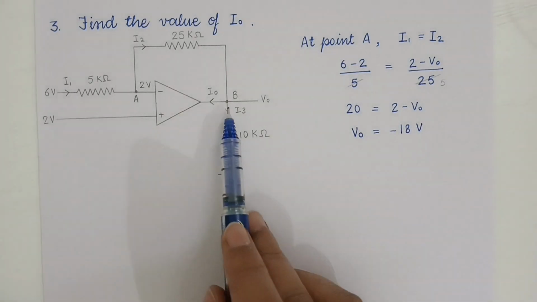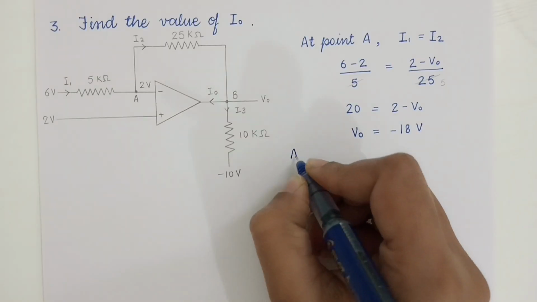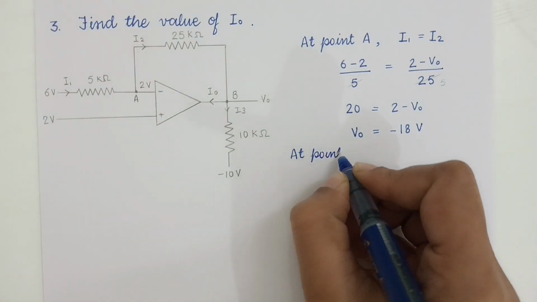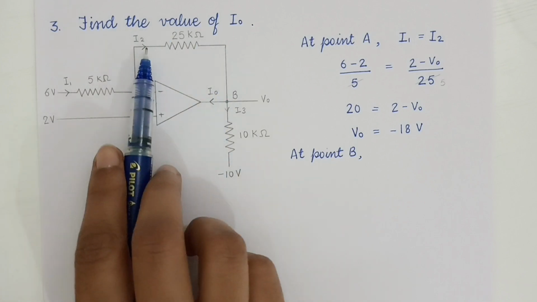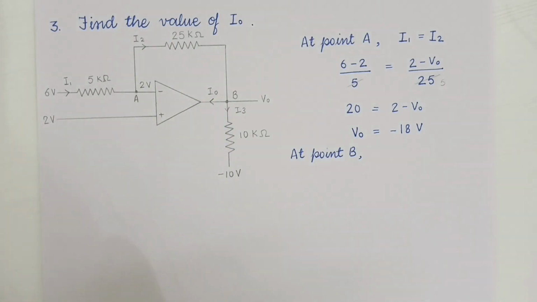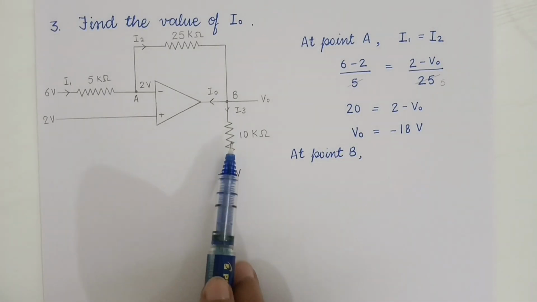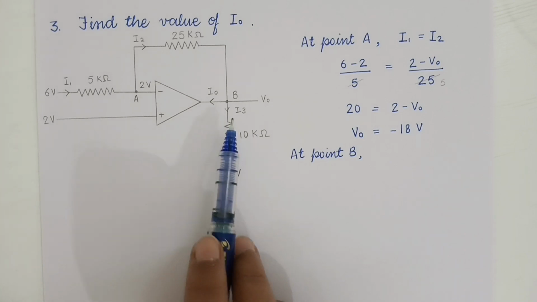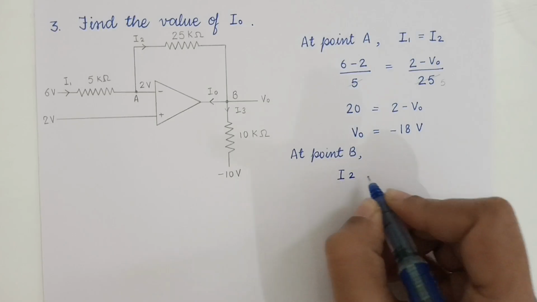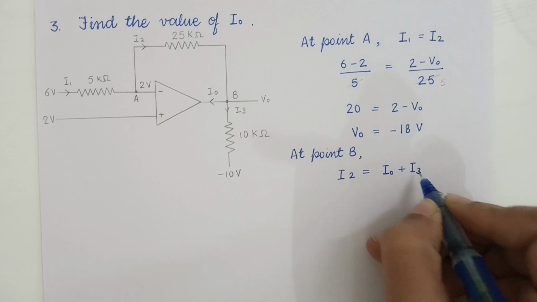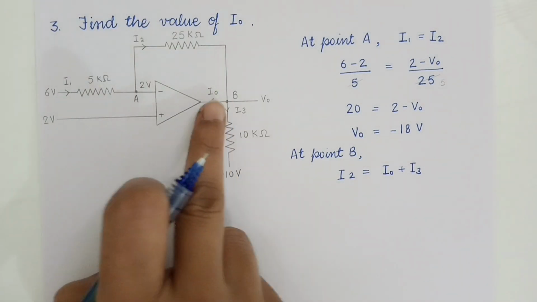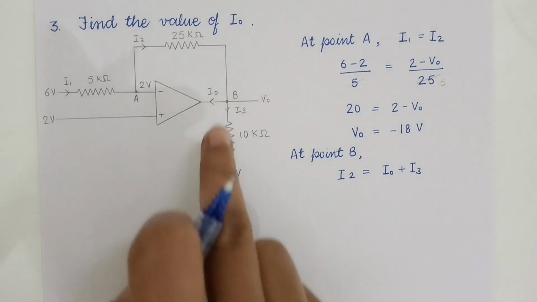Now let's solve for point B. So at point B, you can see the incoming current is I2. So we will write I2 is equals to, the outgoing current is I0 plus I3. So I2 is equals to I0 plus I3.